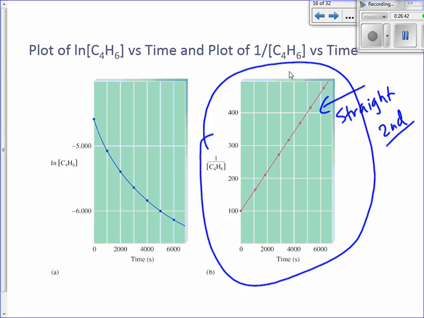Here it's curving, it's not a straight line. Now, if you typed in all the same data and this one came out to be a straight line, and it was the natural log of the concentration, then it would be first order. Okay? Does everybody understand why we're talking about straight lines here now?